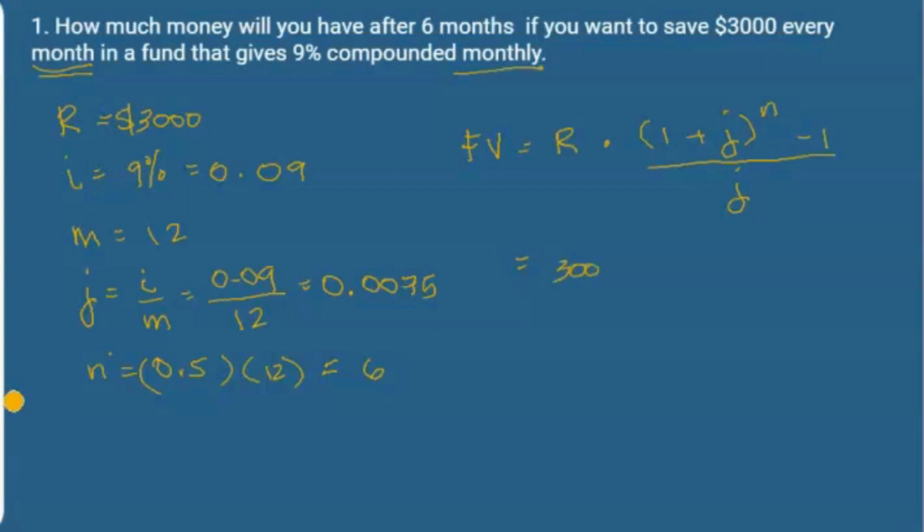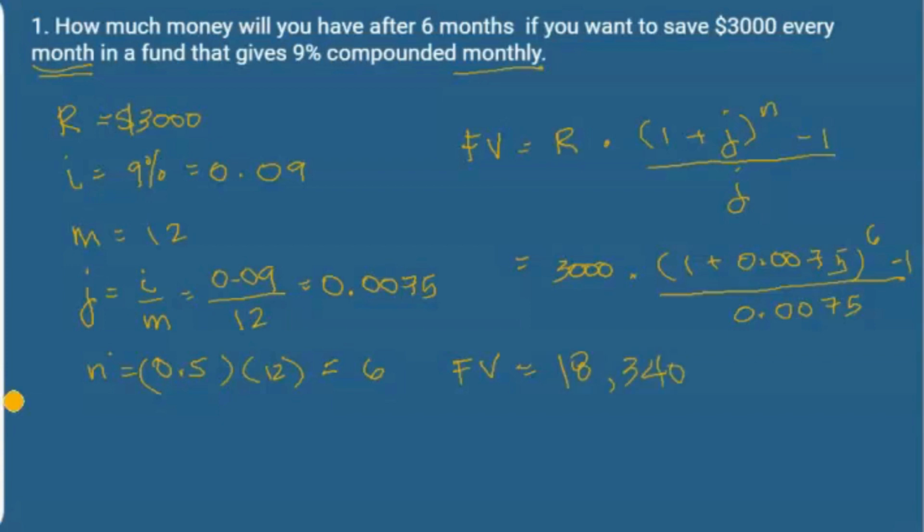So R is 3,000 times (1 plus 0.0075) raised to 6 minus 1, over j, 0.0075. So let's get our calculator. The future value is $18,340.89.